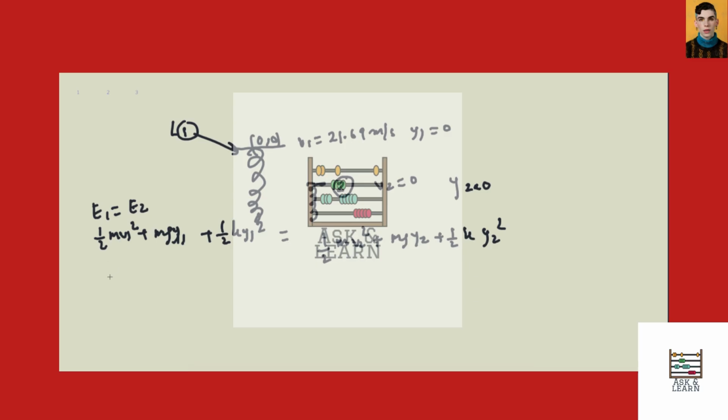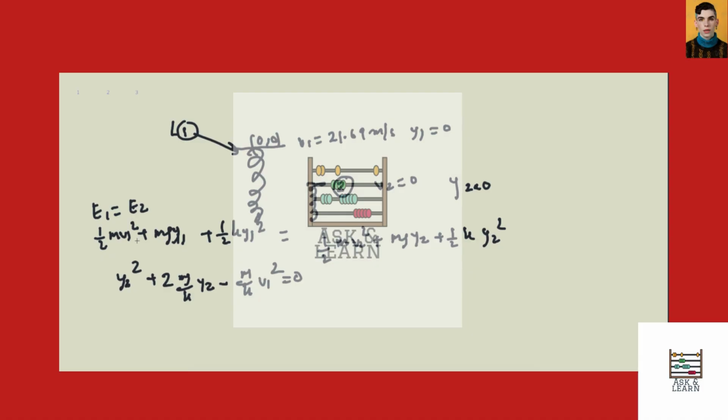So in this equation, if we rearrange, we'll get y2 squared plus 2mg by k times y2 minus m by k times v1 squared equals 0.